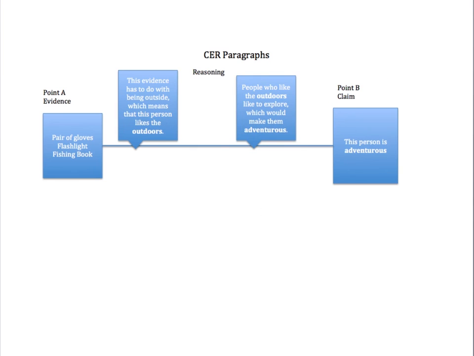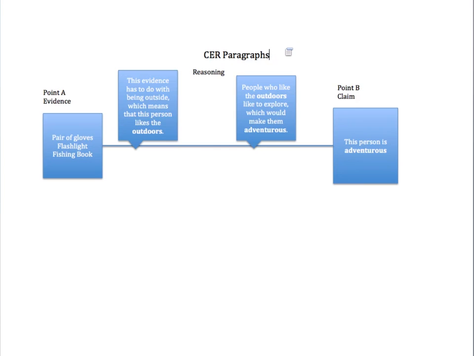Okay, so now I have my evidence over here on the left, I have my claim over here on the right, and then in the middle I explained to the reader how I got from point A to point B by making connections between the outdoors and adventurous. Okay, so my last step would be to put this all into a paragraph form.